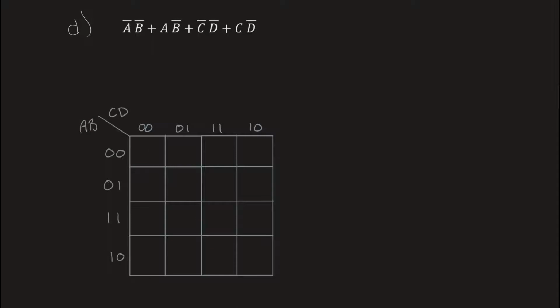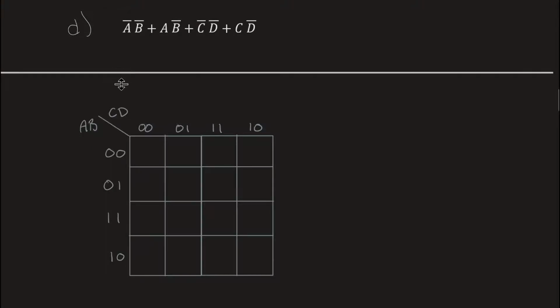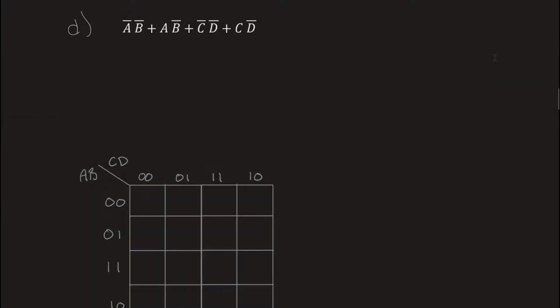Alright, let's try D. In this case, is it in sum of products form? The answer is yes, it's already in sum of products form. However, it's not standard. Notice that we don't have all 4 variables in each of the AND gates. So let me write this out to give myself a little bit more room.